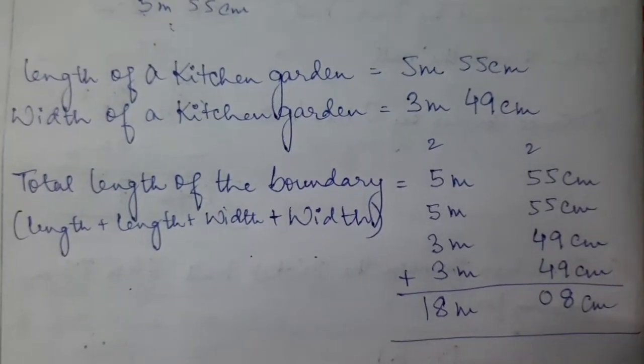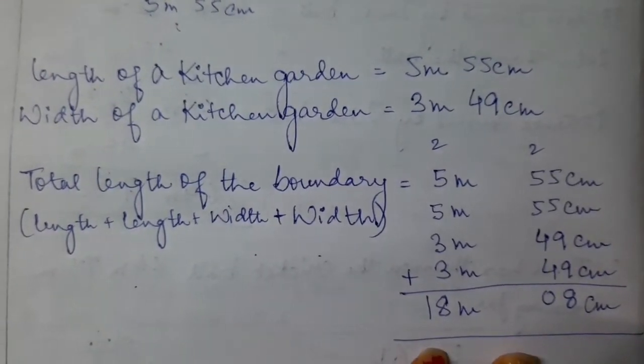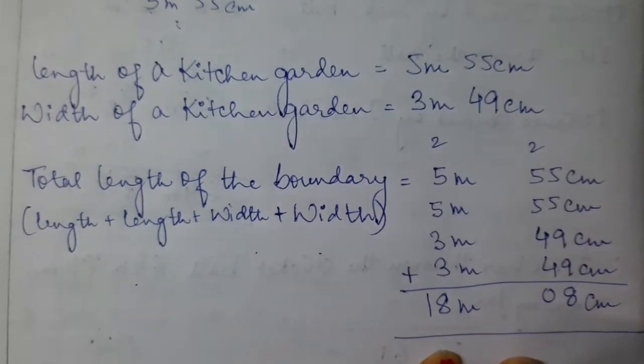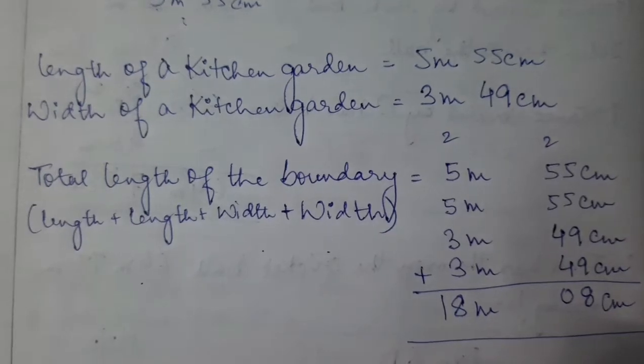This is the length of fencing, this is the length of the boundary, and this is the length that we have to fence. Alright, let's write the concluding statement.